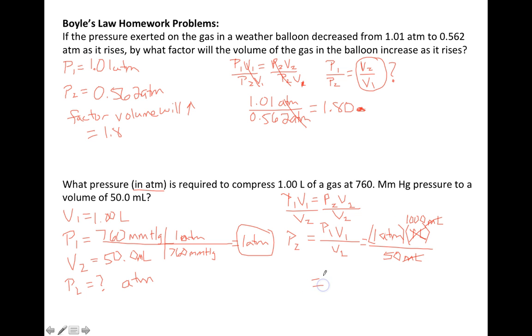So I do 1,000 divided by 50, and that's 100 divided by 5, which comes out to 20 ATMs. And that is my final answer. P2 is equal to 20 atmospheres.